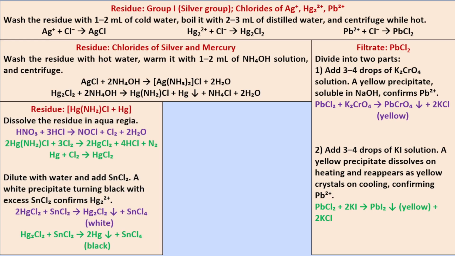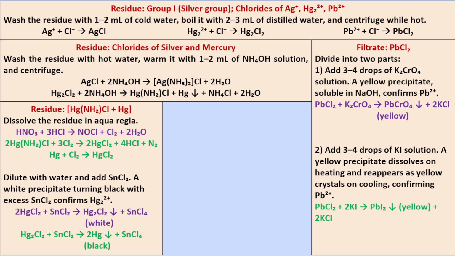The mercury-containing residue is dissolved in aqua regia, which is a mixture of concentrated nitric acid and HCl in a ratio of 1:3. Chlorine gas produced during this reaction reacts with the elemental mercury and ammonia complex of mercury to form soluble mercury chloride.